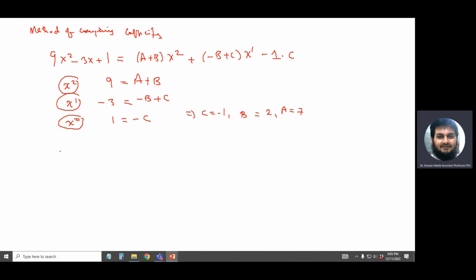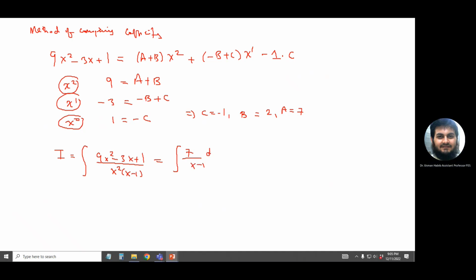So that means that our integral, which was actually this one, 9x squared minus 3x plus 1 divided by x squared times x minus 1, is a divided by x minus 1 plus b divided by x plus c divided by x squared.